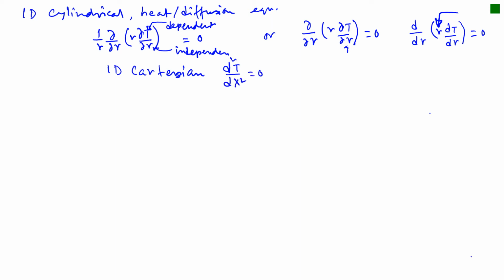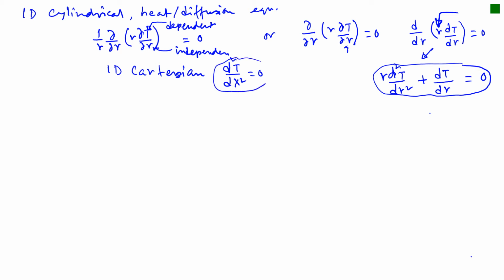It's not the same, because if I expand this, what do I get? r d squared T/dr squared plus dT/dr is equal to 0. That equation is obviously very different from this one. So our techniques would have to be different.